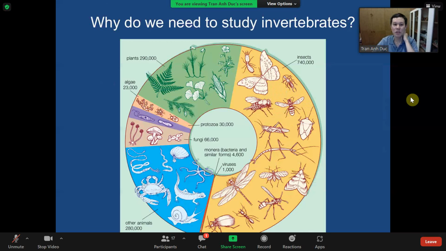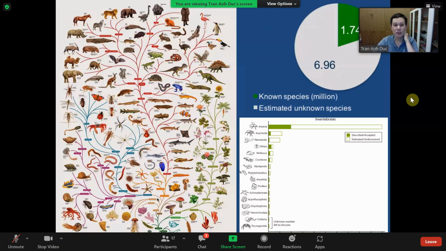Look at the diversity of life. You can see the major branches of evolution belong to invertebrates. This one they draw more on vertebrates, but I see more species actually in the section of the invertebrates. At the moment, scientists have discovered nearly 2 million species on Earth, and about 1 million already belong to insects. And we realize that actually we do not know much about life on Earth.